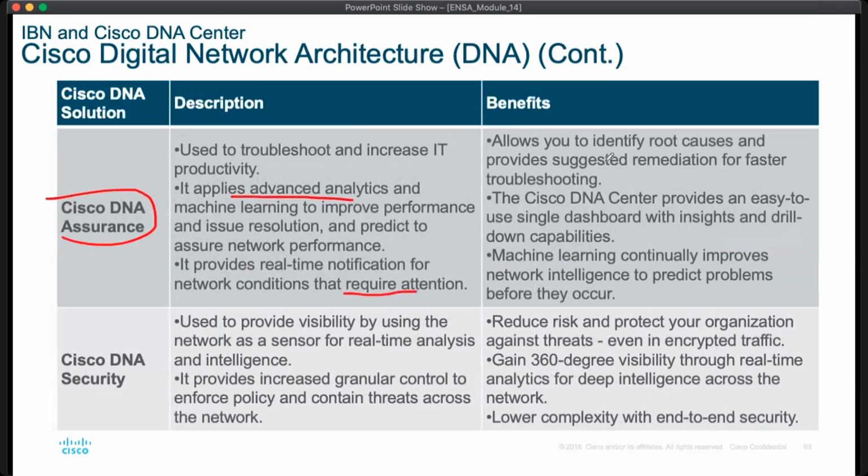The benefit is that it allows you to identify root causes and provides suggested remediation for faster troubleshooting. Also, Cisco DNA Center provides an easy-to-use single dashboard with insight and drill-down capabilities, and machine learning continually improves network intelligence to predict problems before they occur.